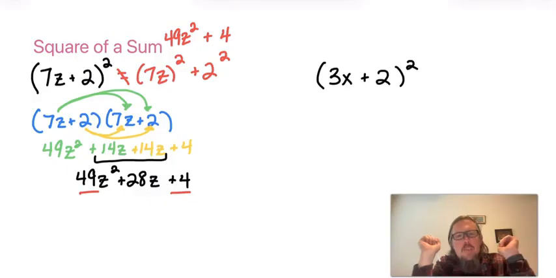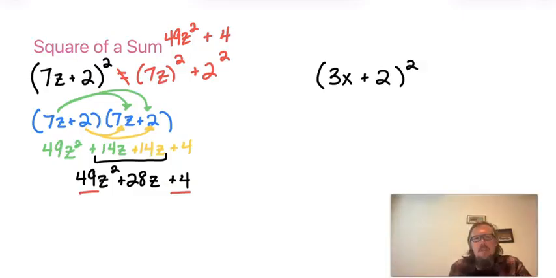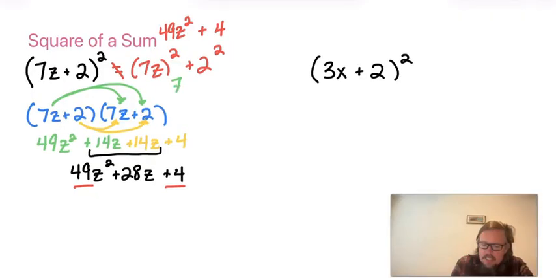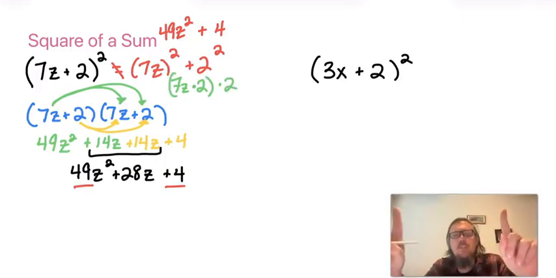And it turns out there's a way to get 28z from the original square of a sum also, which is that we could have done 7z times 2 and then doubled that. So we could have taken the two terms, multiplied them together, and then doubled it.